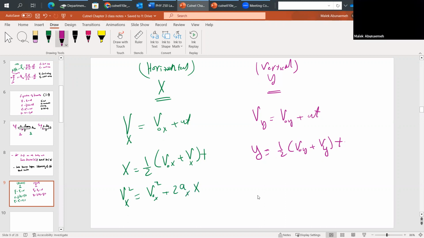For the y vertical, your final velocity in the y direction squared is going to equal the initial velocity in the y direction squared plus 2 times the acceleration in the y direction times the distance in the y direction.